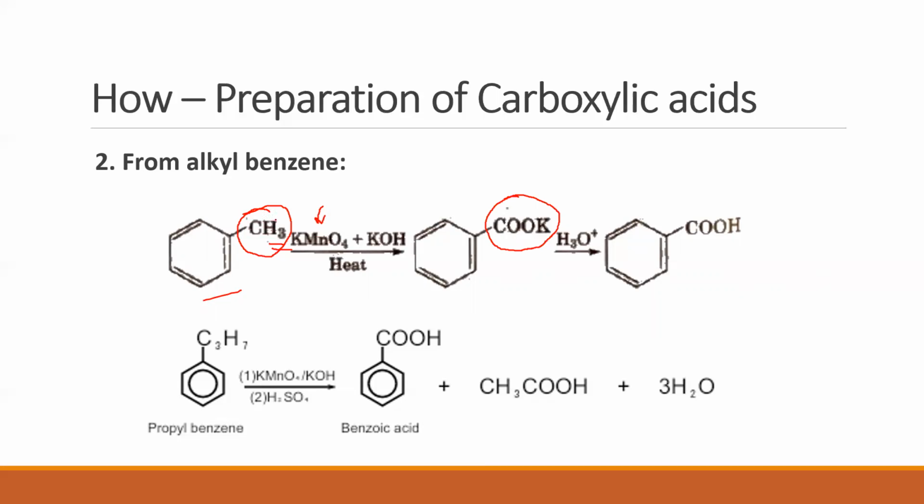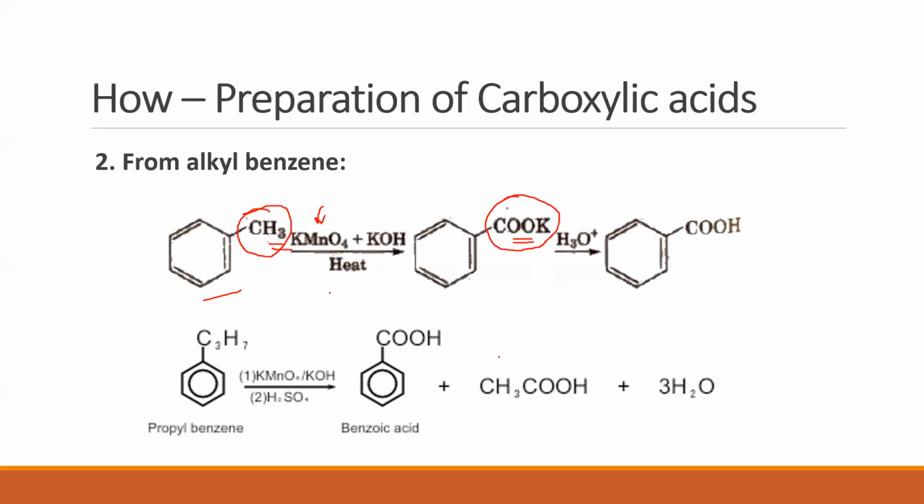Now, along with that, what else has happened? Along with the removal of hydrogen, we have addition of oxygen. Can you observe here? 2 oxygen atoms have come in. So there is addition of oxygen as well, which is again oxidation. Therefore, this first step is nothing but strong oxidation.